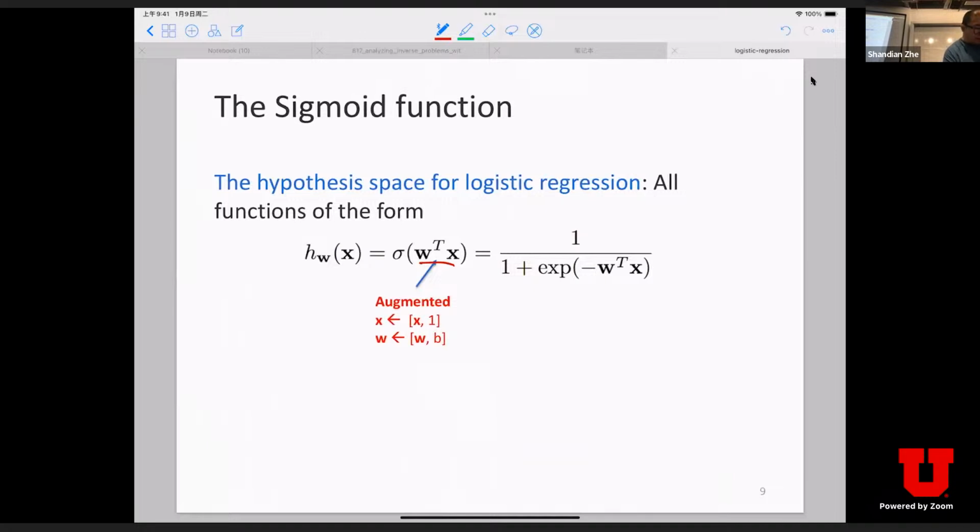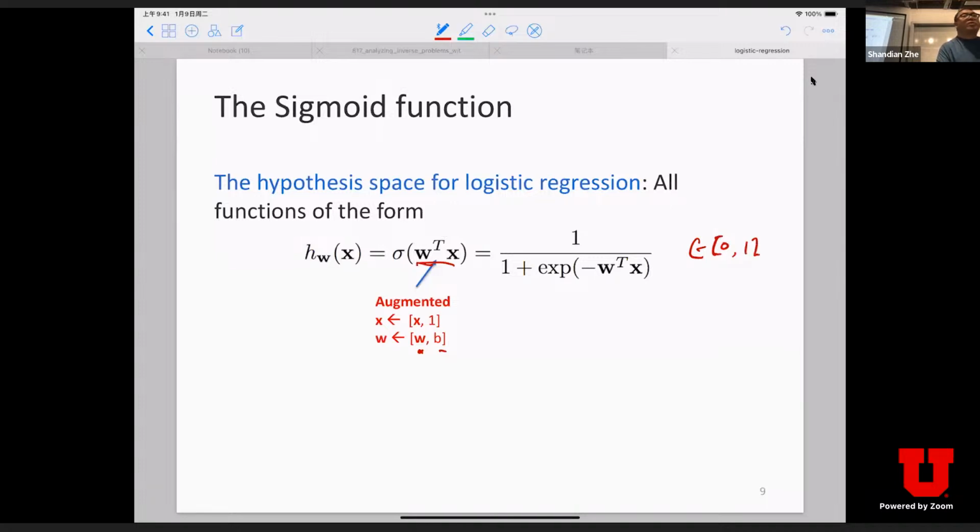So your weight vector contains not only the feature weights, but also the bias parameter B. If you want to expand it, it should be W1 X1 plus ... plus WD XD, plus B. And once we calculate this linear combination, we squash this score with the sigmoid function, and then we get the probability value between 0 and 1.